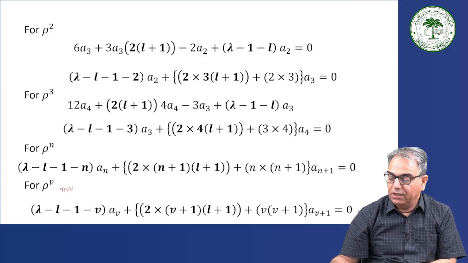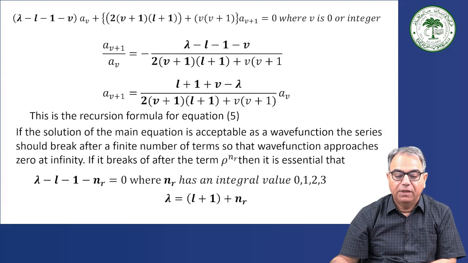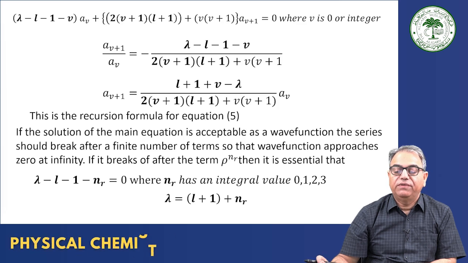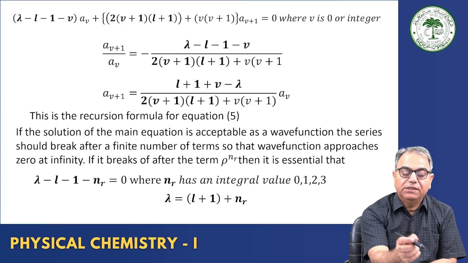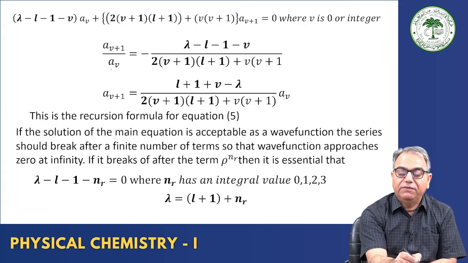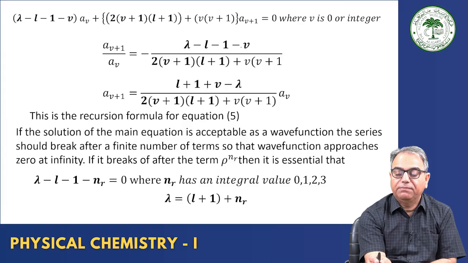This equation is equal to 0, where v is 0 or an integer. So if you rearrange this one, you can write a v plus 1 divided by a v is equal to minus lambda minus L minus 1 minus v, divided by 2 v plus 1 L plus 1, v into v plus 1.